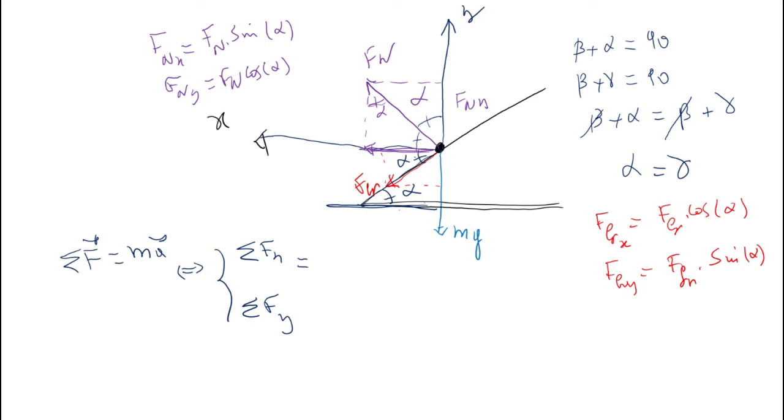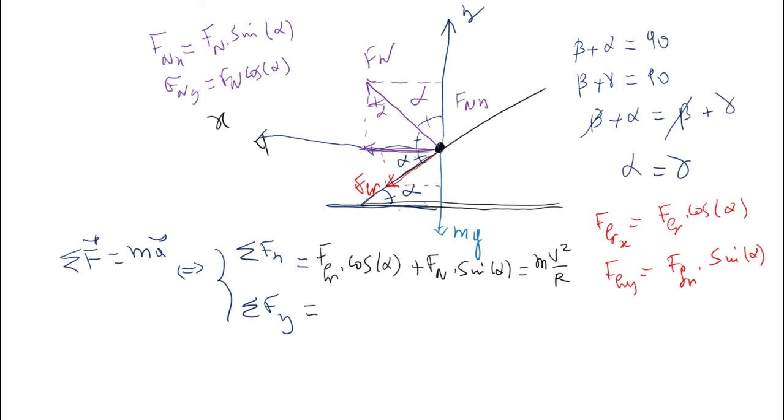That means sigma F on the x-axis will be the friction force on x plus the normal force on x. That is friction force cosine of alpha plus normal force sine of alpha, and this equals the mass times centripetal acceleration, which is the square of the speed over radius. In the vertical direction, we have normal force, friction force, and mg.